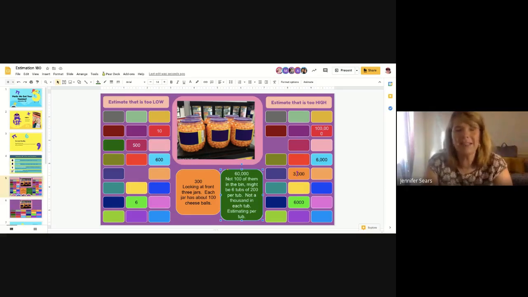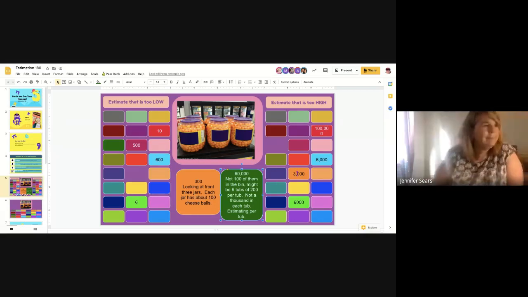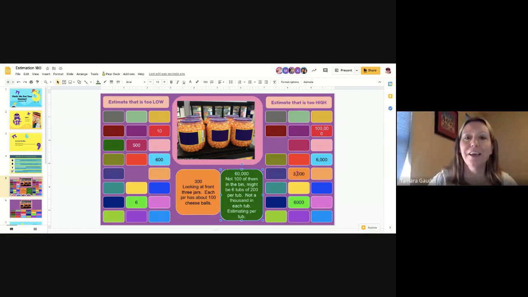But I feel like there's at least 100 in there. So I just thought, okay, if I guess 10 times as much as that, it'll be probably too high. Okay. So I think actually Amanda, Jennifer, and I had the same idea. I'm thinking 1,000 per tub may be too much. So let's see. All right.